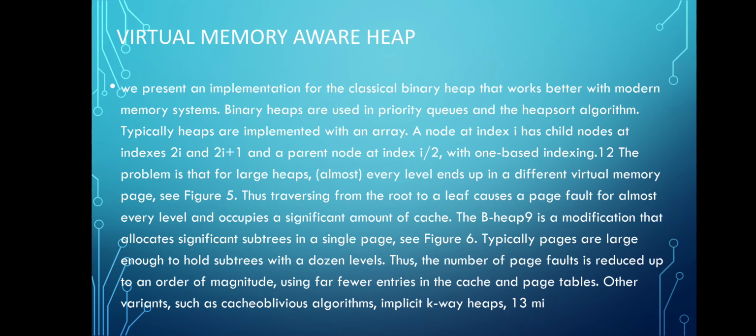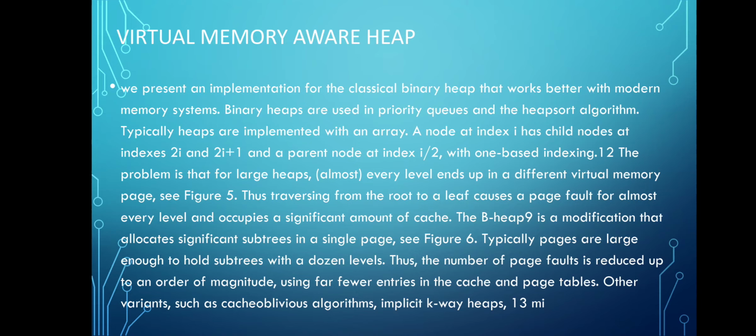Virtual memory aware heap. We present an implementation for the classical binary heap that works better with modern memory systems. Binary heaps are used in priority queues and the heap sort algorithm. Typically, heaps are implemented with an array.